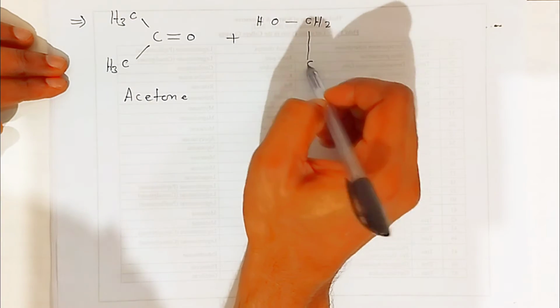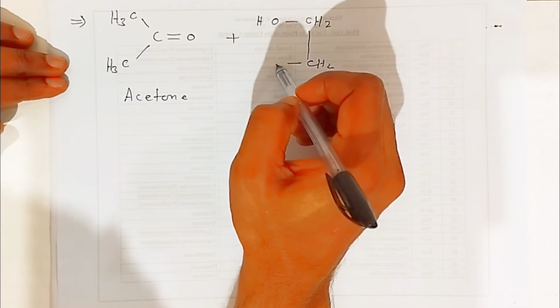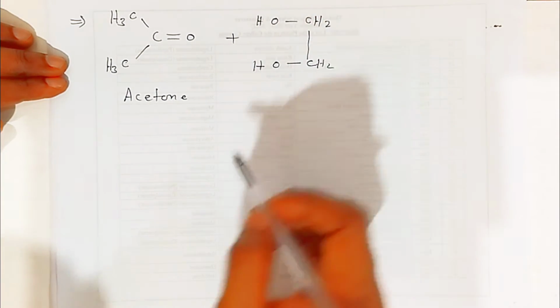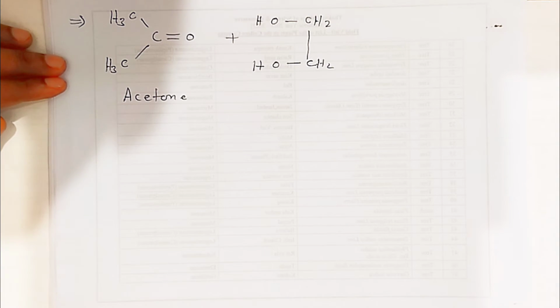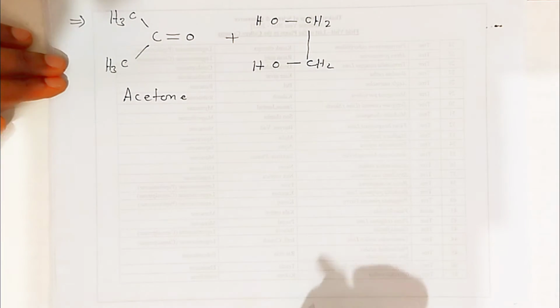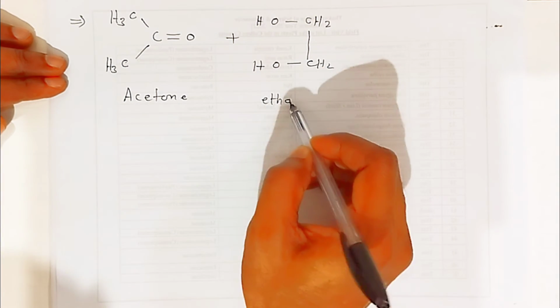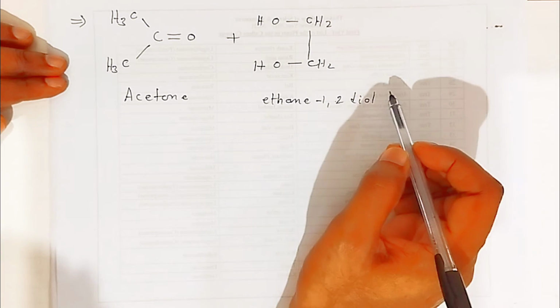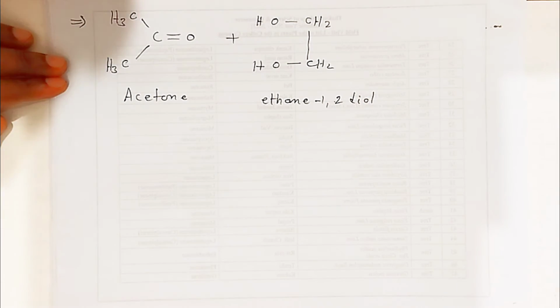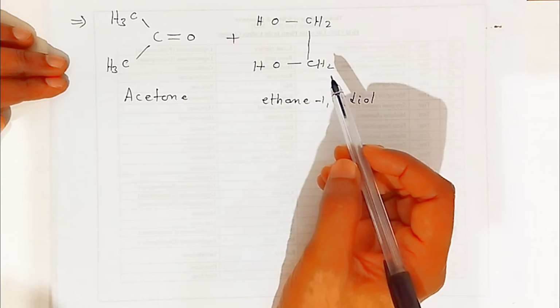This is the alcohol, that is ethane 1,2-diol. So this is the alcohol we are going to add.